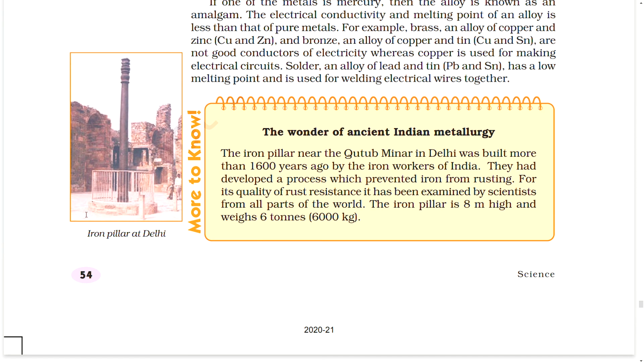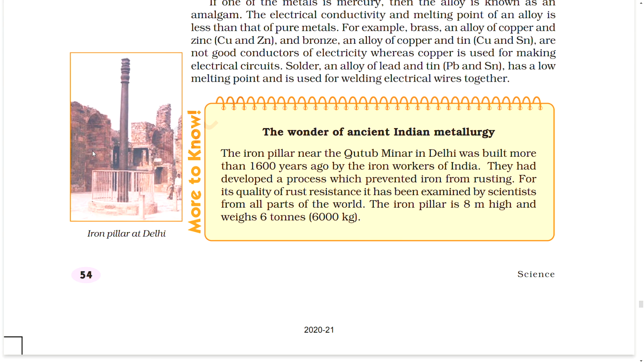Iron pillar at Delhi. The pride of ancient Indian metallurgy. The iron pillar near the Qutub Minar in Delhi was built more than 1600 years ago by the iron workers of India. They had developed a process which prevented iron from rusting.